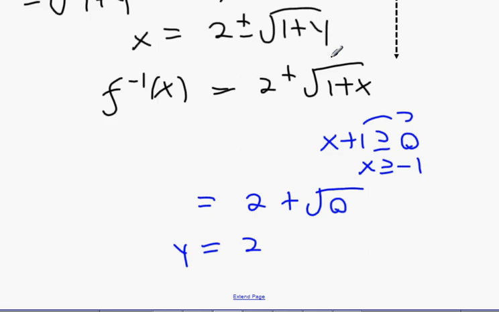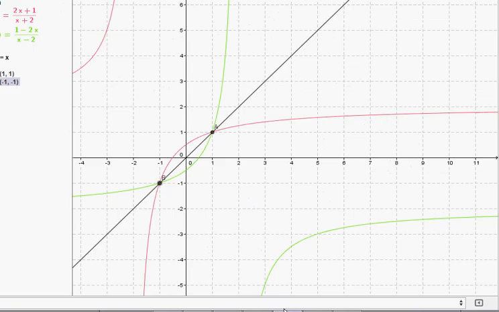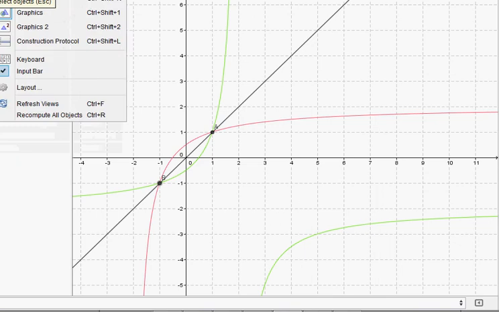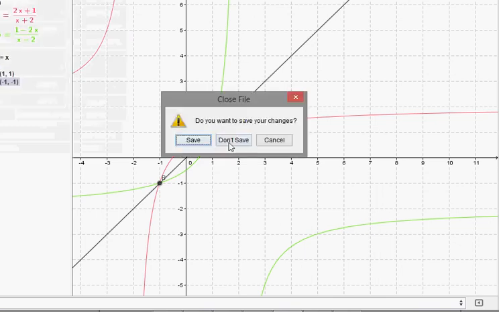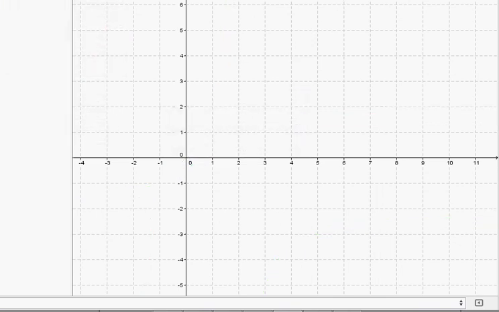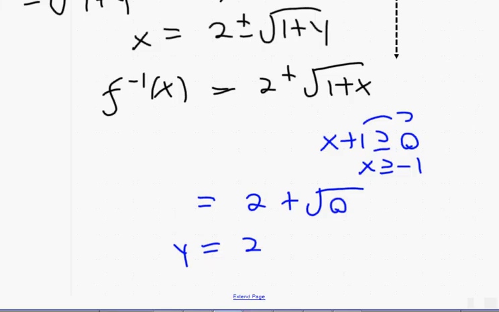So if we were to draw out this function, will somebody remember this formula for me, please? If you draw out this function, what do you get? What's a y equals? 2 plus square root of 1 plus x.